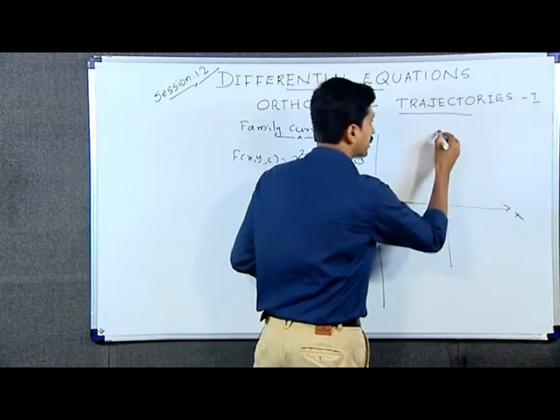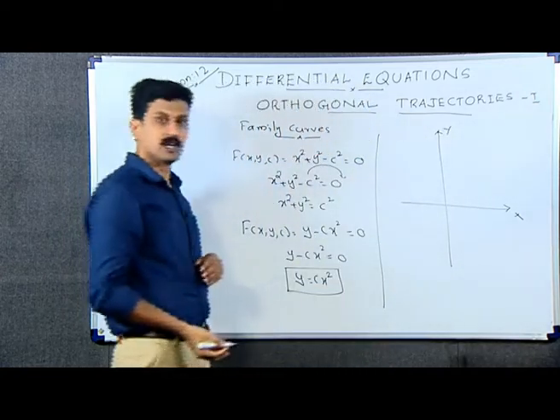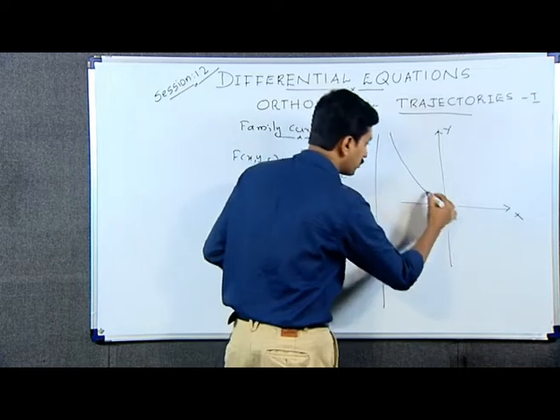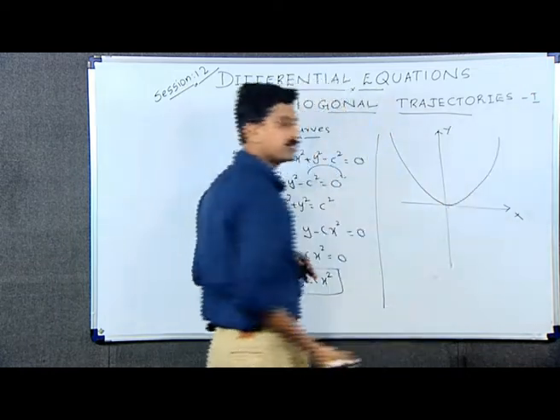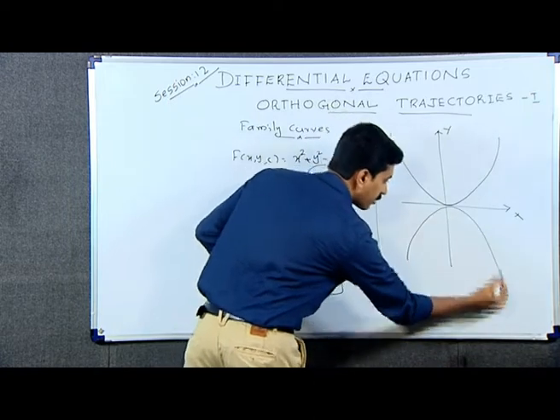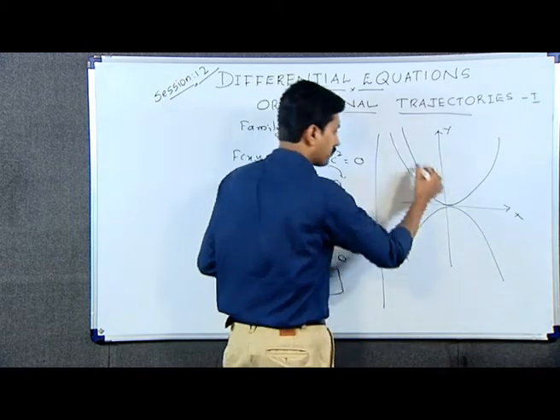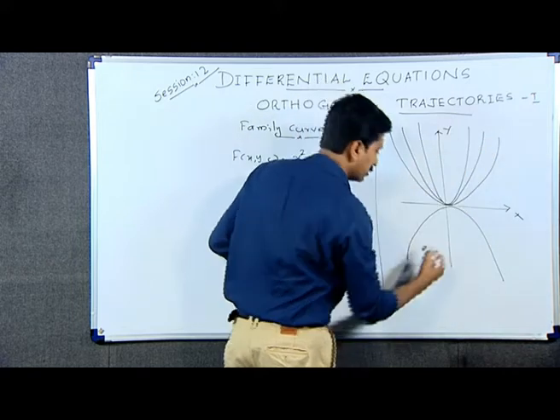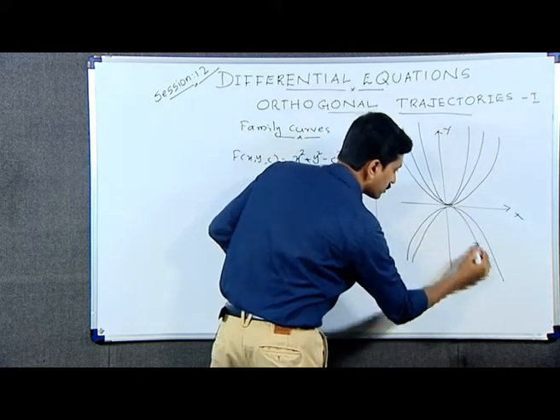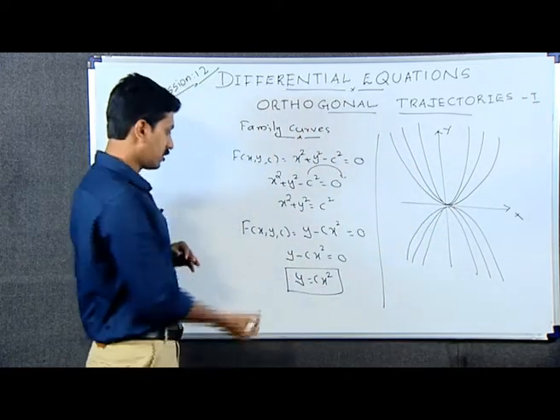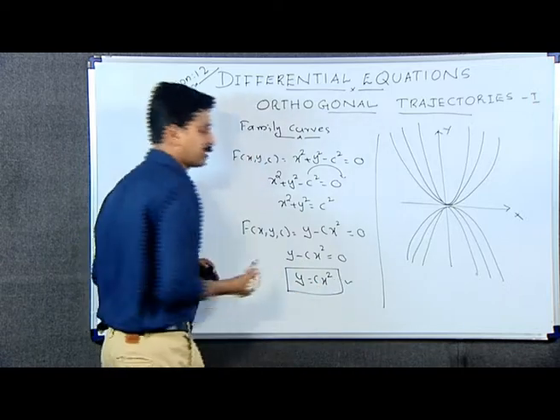This is the x-axis and this is the y-axis. Depending on the value of c, y = x squared will be like this, and if c is negative we will have a parabola like this. We will have many parabolas, a system of family of curves.